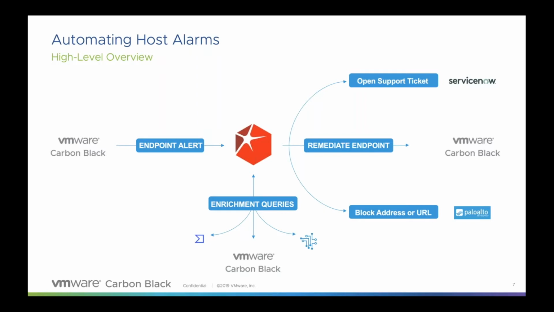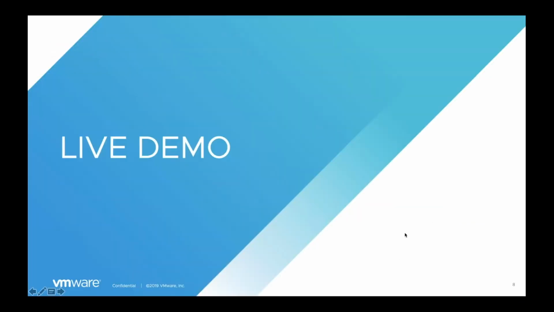Or if a playbook has already kicked off, then we can be queried for additional information or context as to what's going on. And finally, we can remediate. We can either, like I said, isolate the endpoint, move to a different policy, or with something like live response, we can go in and actually take action by pulling files, putting files like a script, executing files, killing processes, pulling memory, things along those lines.